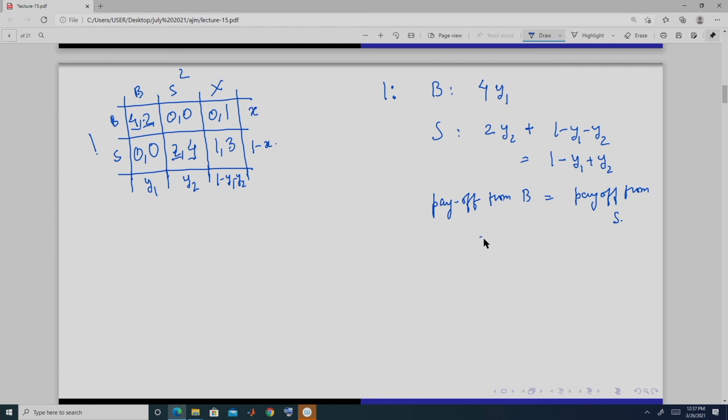So, this means that 4y1 is equal to 1 minus.